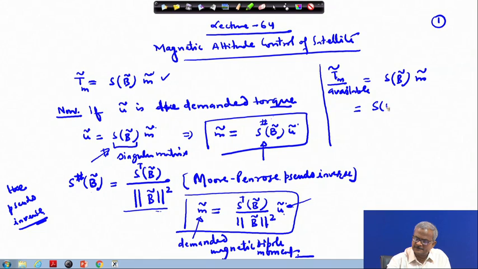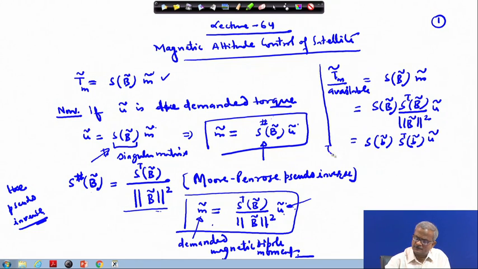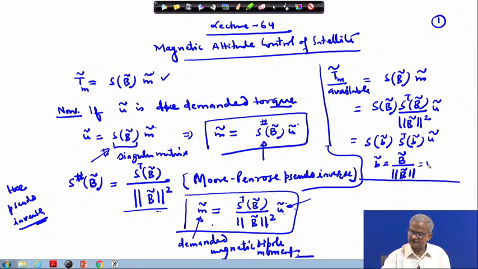So, if I insert this S b tilde m tilde from this place into this place, this becomes S transpose, and this can be written as, where b tilde is nothing but this, a unit vector.